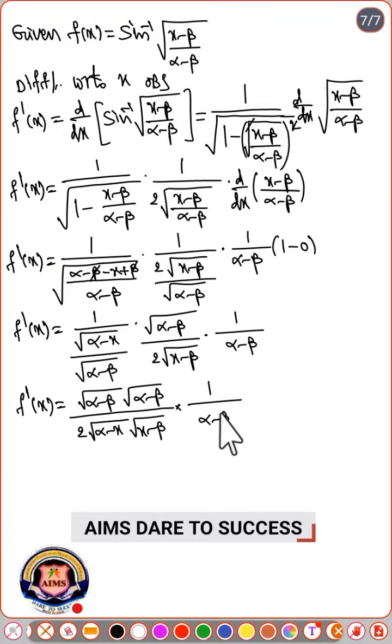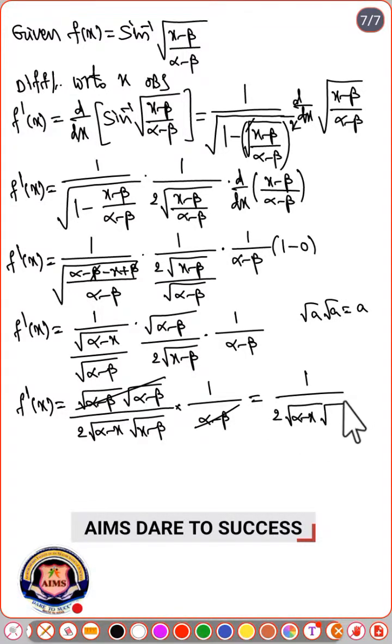So one small concept: root A into root A is equal to A. Like that, root alpha minus beta into root alpha minus beta is alpha minus beta. So directly alpha minus beta gets cancelled. So the final answer is 1 divided by 2 root alpha minus x into x minus beta.